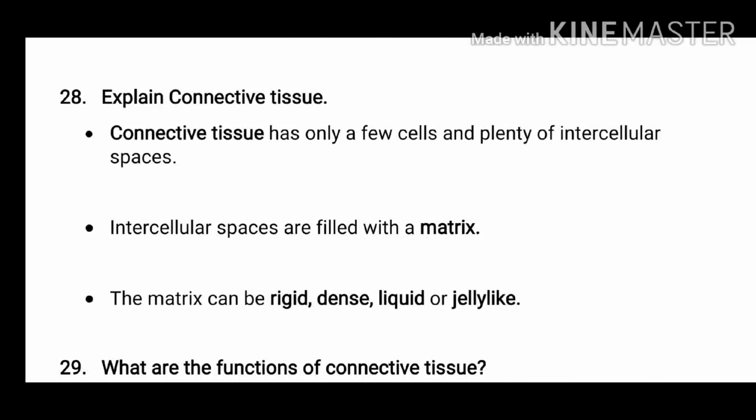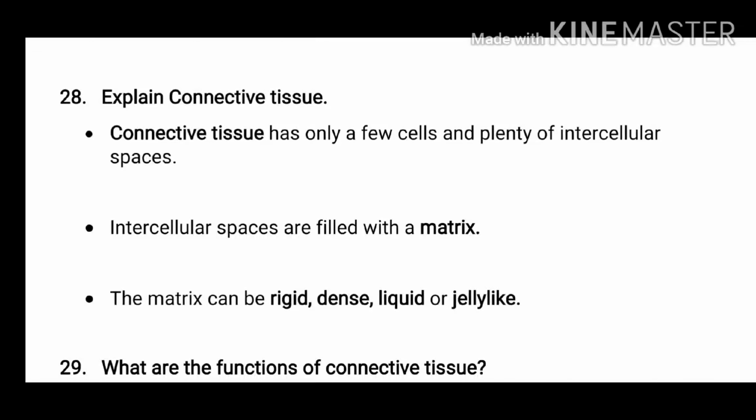Connective tissue has only a few cells and plenty of intercellular spaces. What is meant by intercellular spaces? The spaces are the gaps that exist in between cells. Next point is, intercellular spaces are filled with the matrix, a kind of substance.